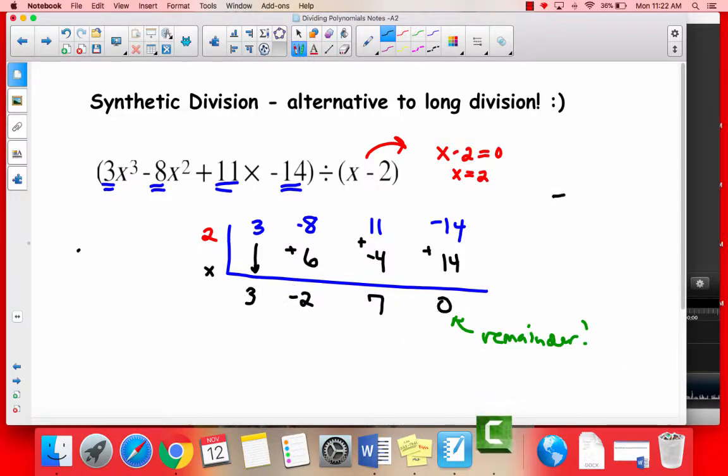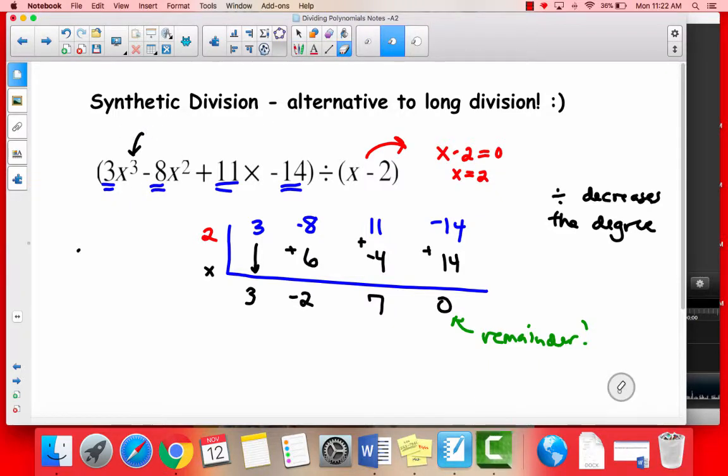Now remember, when we divide, that means division decreases the degree. That's very important. So if my original polynomial was a cubic function, to the degree of 3, then my new polynomial is going to be to the degree of 2, so it's going to be a quadratic. So I'm going to have here 3x squared, that's going to be my highest exponent, and then minus 2x, and then there's no more x's left because down 1 is the constant, so plus 7.